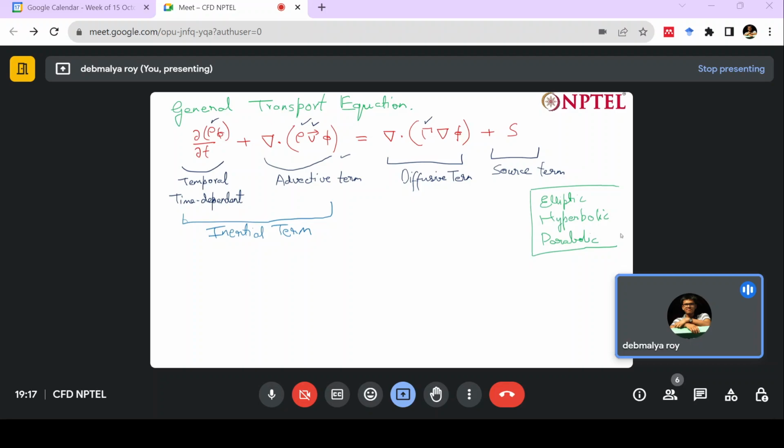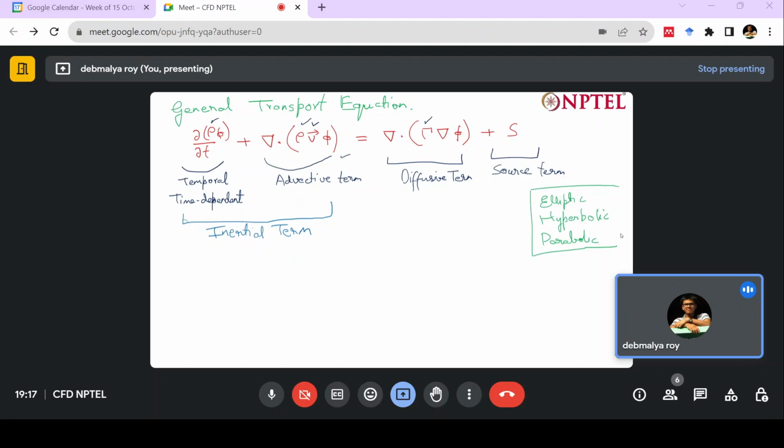And there we did not really classify this whole transport equation. What we mainly did was take some simplified equations and try to classify those.